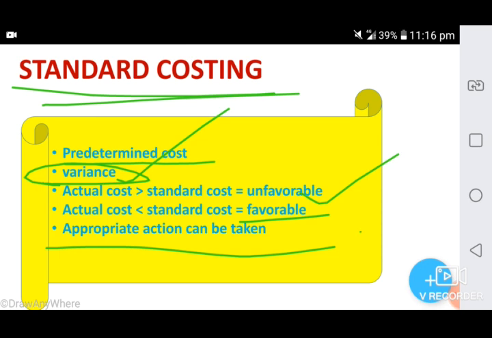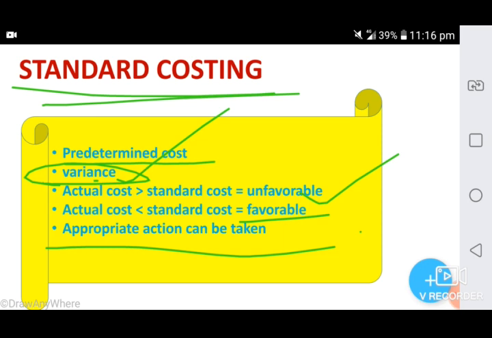The variance may be in quantity of material or hours used to manufacture a product. Standard cost is very helpful in preparing budgets. Analysis of variance can provide management information about whether a variance is caused by quantity or price, so that appropriate action can be taken with the help of the predetermined cost.